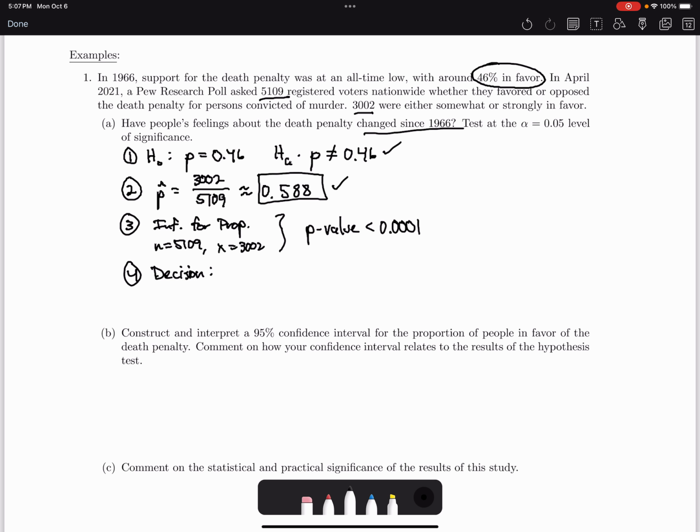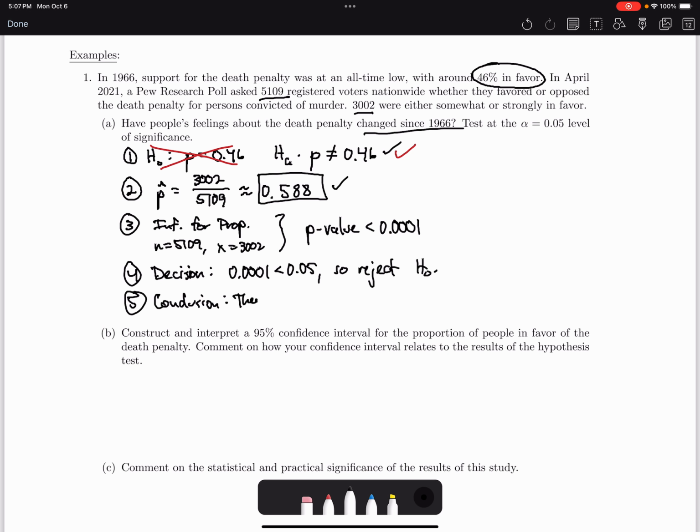So, decision. 0.0001 is less than 0.05. So reject the null. We're rejecting the null in favor of the alternative, right? We're getting rid of that guy, so that means the alternative must be true.